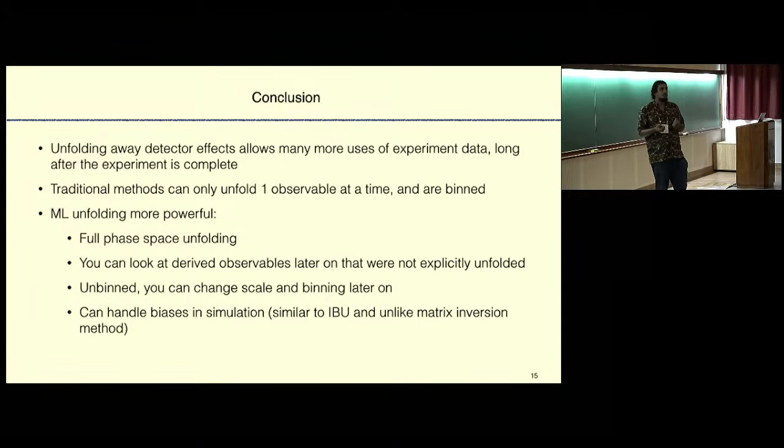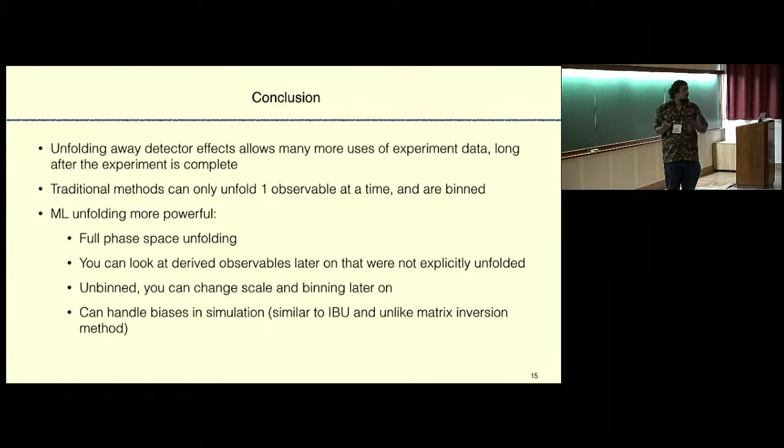And since you're unfolding multiple observables, each individual unfolding is more powerful, because if there are correlations, it learns that. Since the unfolded results are multidimensional and unbinned, you can plot them as you like afterwards. So it's much more useful not just for tuning, but also for setting limits on some model afterwards.